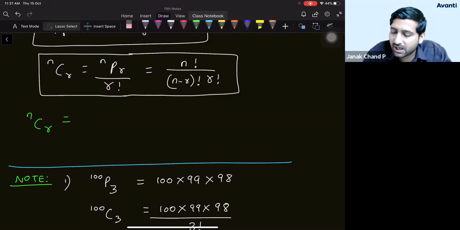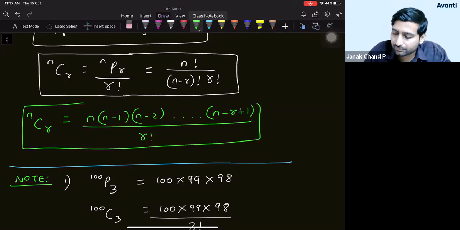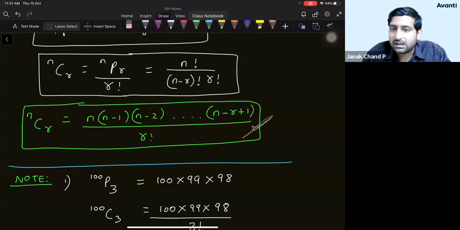And the formula for nPr, we have seen, is n into n minus 1, n minus 2, up to n minus r plus 1, divided by r factorial. Make sure that you remember this also, directly. The numerator is nothing but the basic formula of nPr. This formula is obtained by using the fundamental principle of counting.